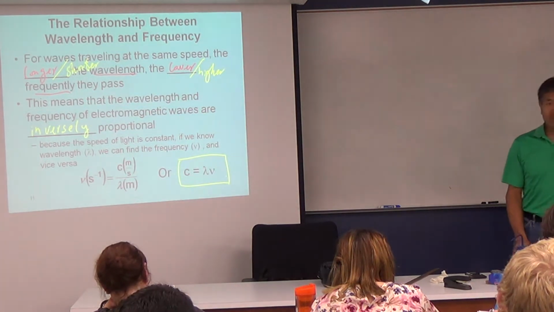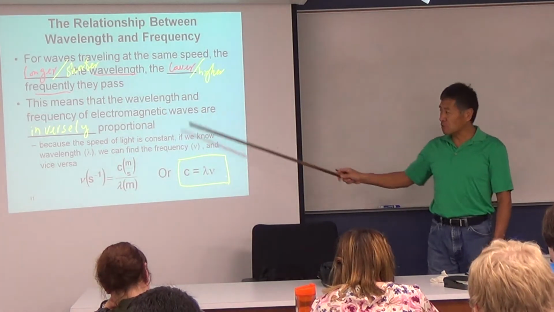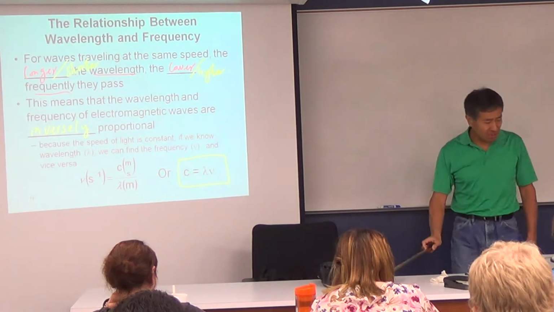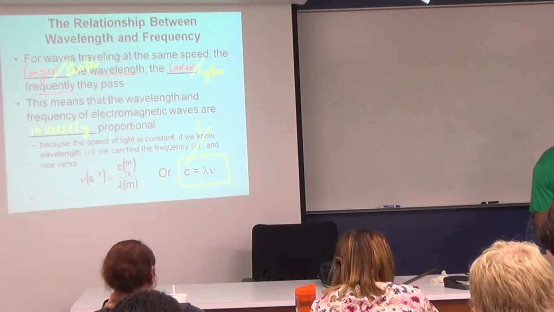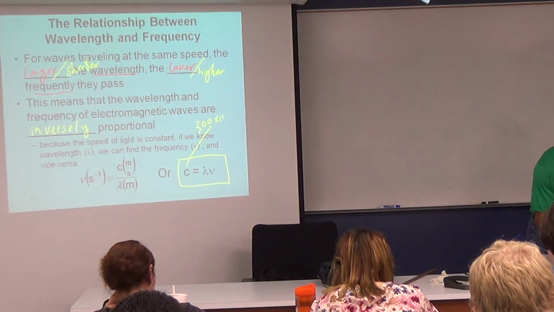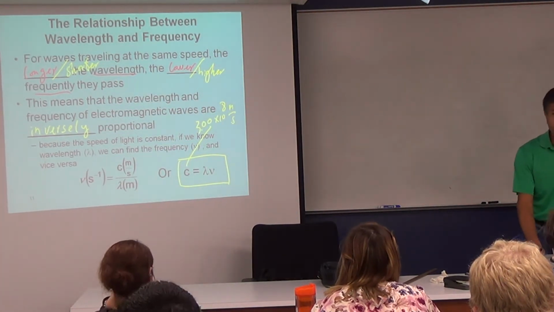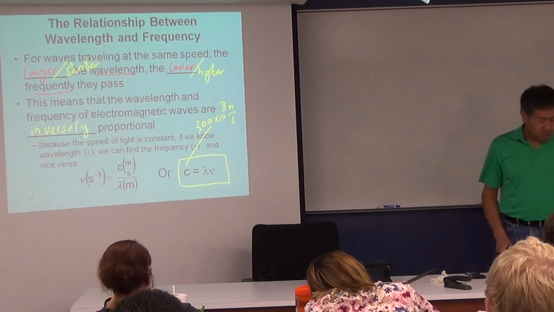So remember, like we said, all of those have the same speed. The same speed, we call that c. And c has a number: 3.00 times 10 to the 8 meters per second. Right.